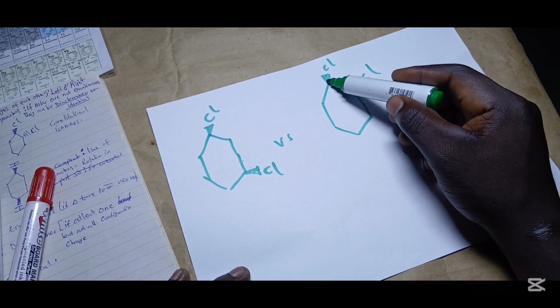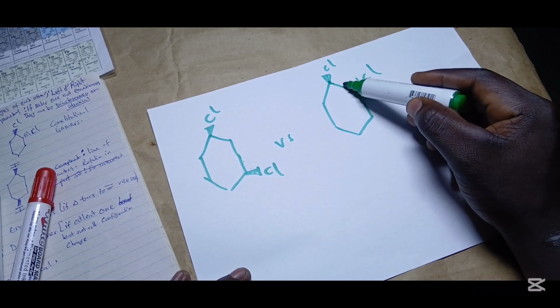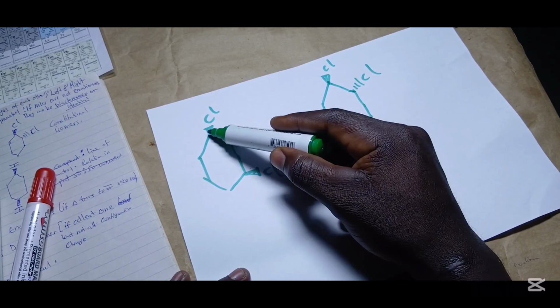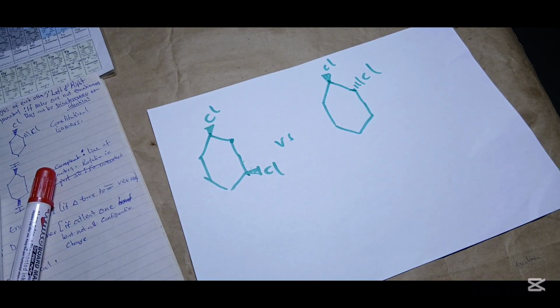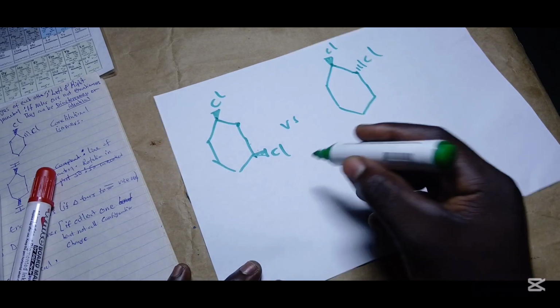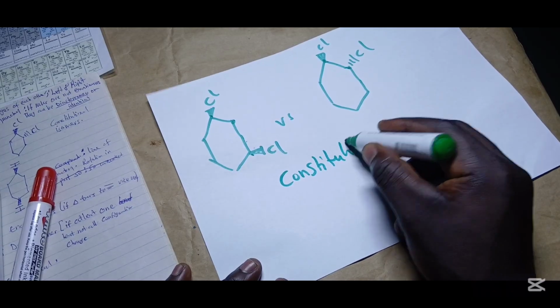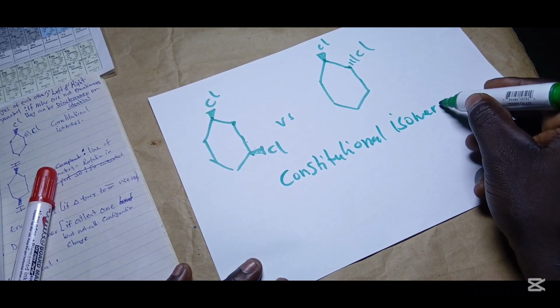Chlorine is on this carbon here. Chlorine is on this one, the interval. There's no atom between them, right? But here you could see that there is one carbon atom between chlorine here and chlorine here. So they have different arrangements, right? So they are constitutional isomers. Constitutional isomers.